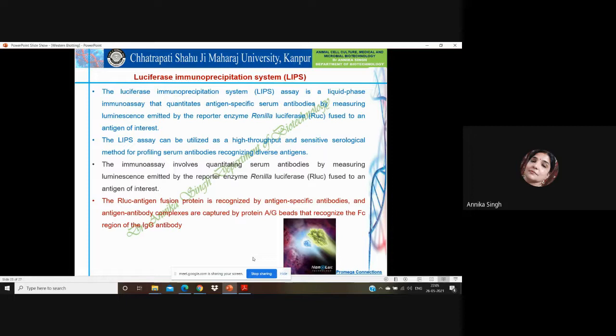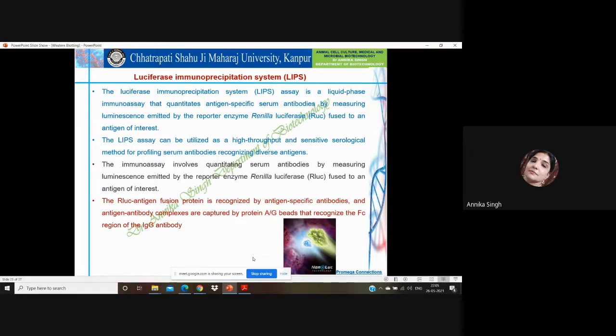And for this, a specific substrate known as coelenterazine is used, and when this coelenterazine is catalyzed by the Renilla luciferase, it produces light, and that light can be used as the measurement of antigen specific antibodies.